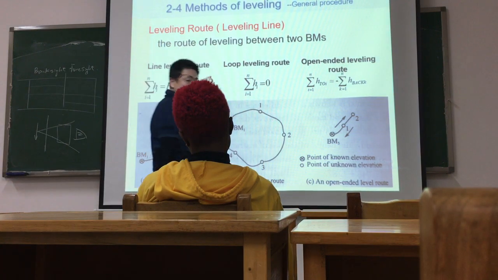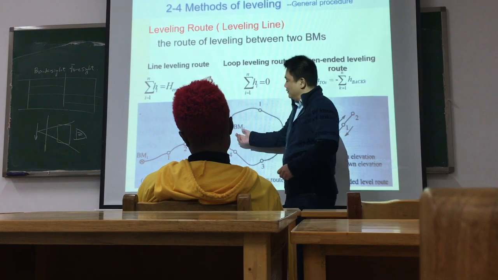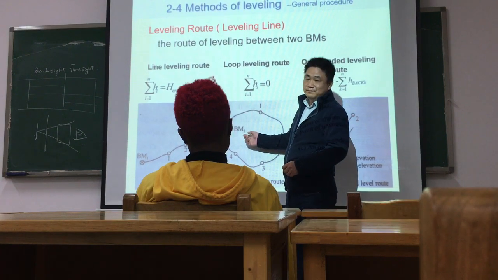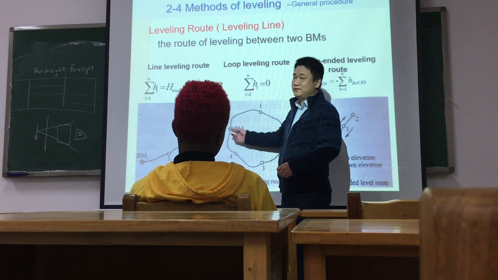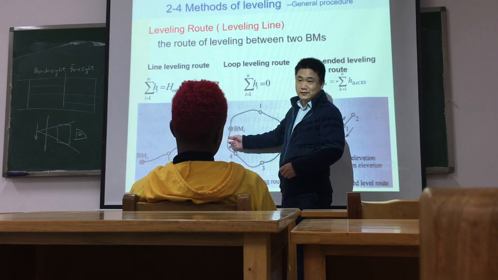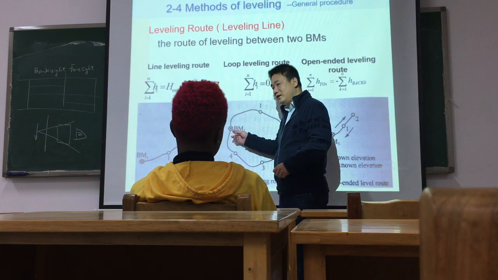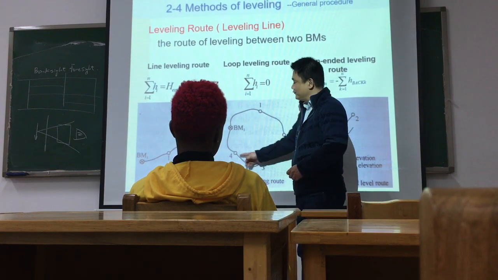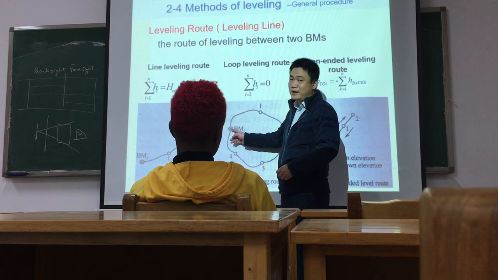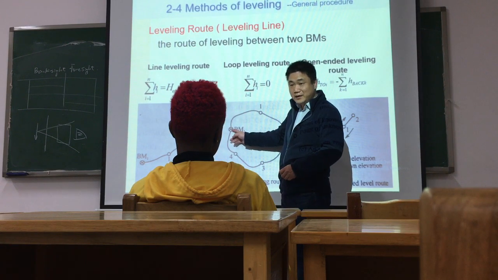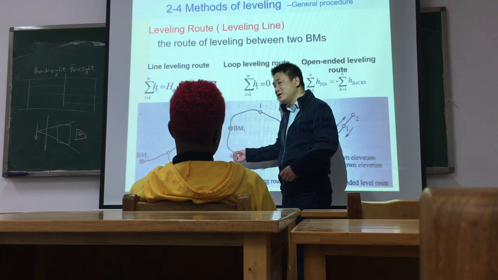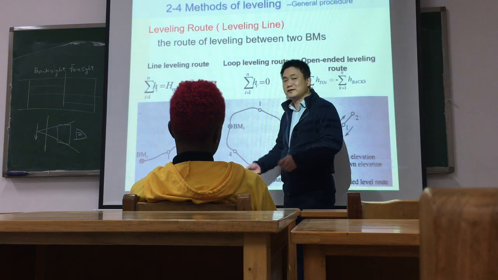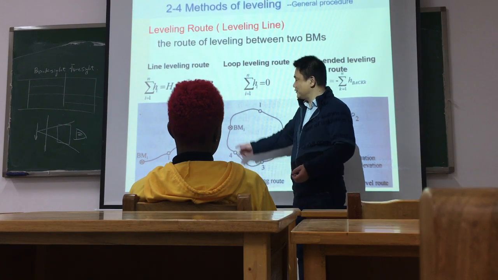The second, from BM1, of course, that means this is given with elevation. From here through point 1, point 2, 3, 4, then go back to the start. The start point and the ending point are the same point. This is a loop.